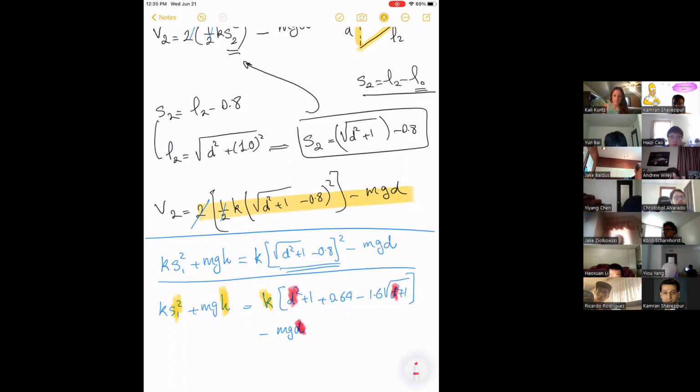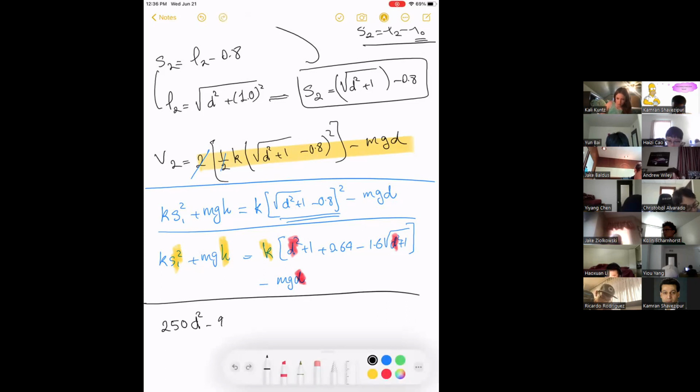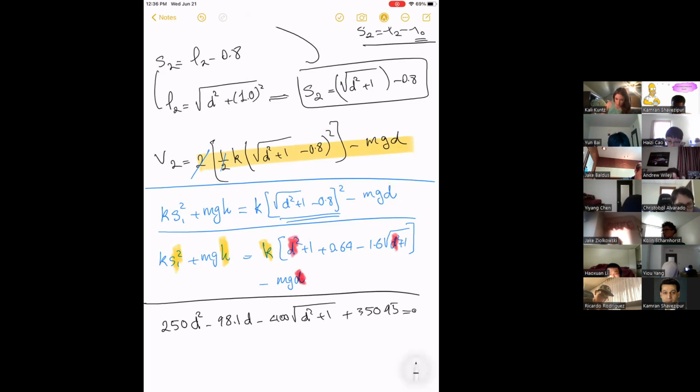Okay? So if you put all the numbers and simplify it, you're going to get this equation: 250 d squared minus 98.1 d minus 400 square root of d squared plus 1 plus 350.95 equals 0.